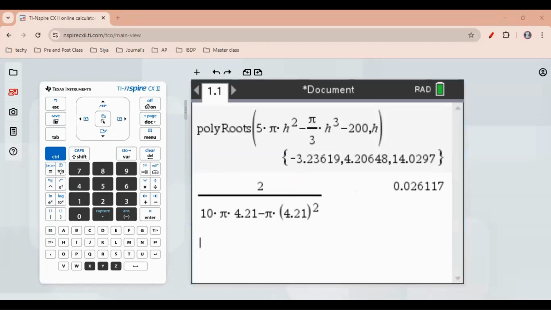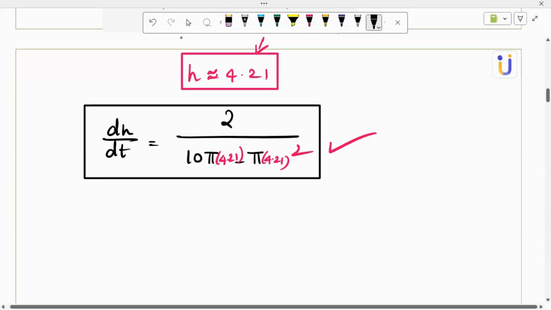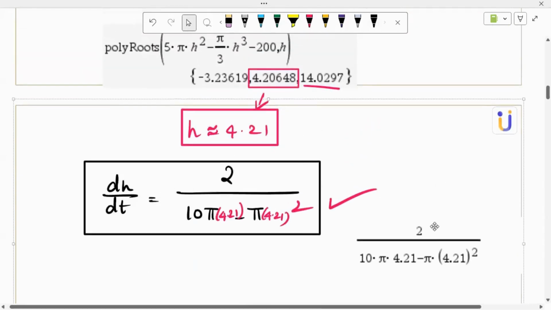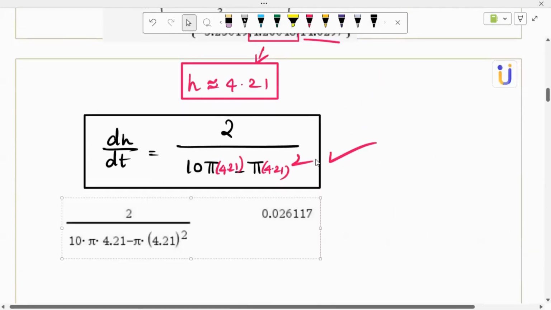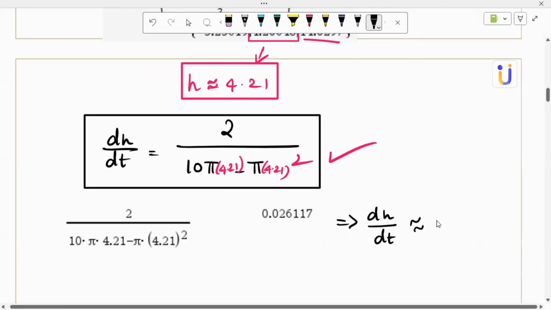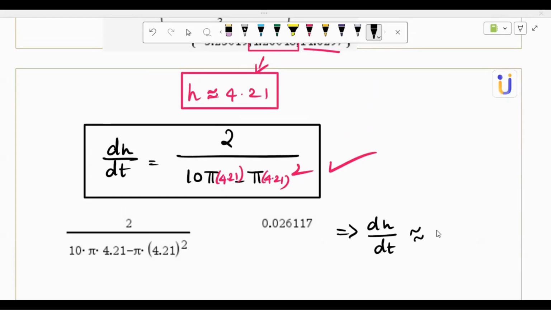And we can get back to the solution page. It solves. This is the solution we got. Okay, we can approximate dH by dt as approximately 0.0261 centimeter per second.